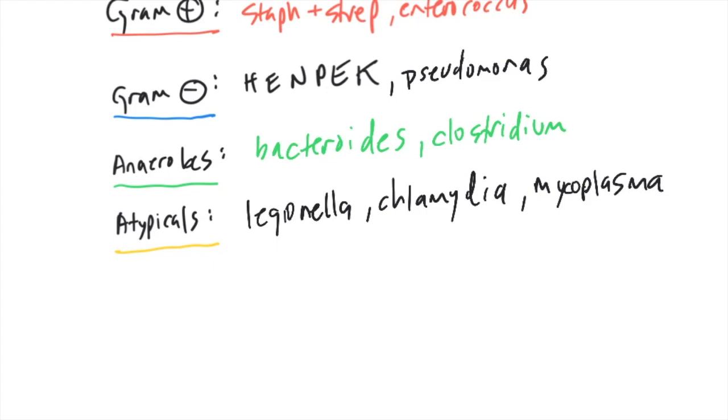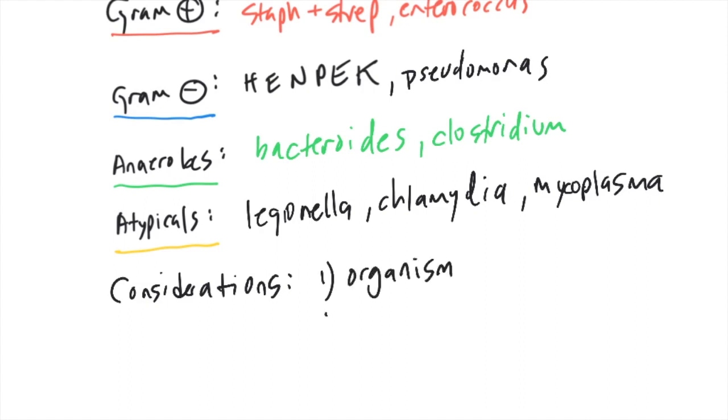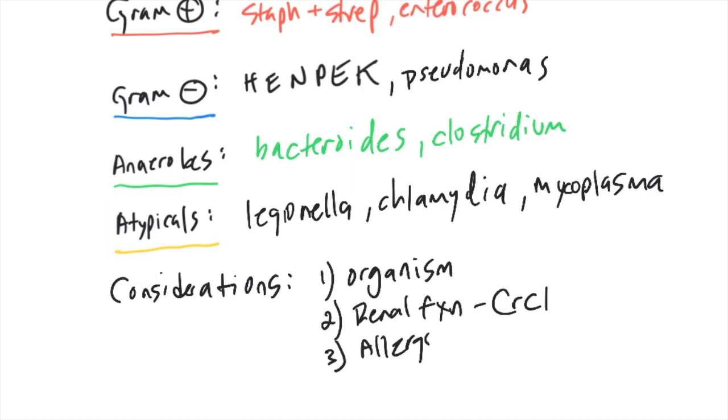Now, you do have to also take into consideration some other things before making a recommendation for an antimicrobial. We already talked about, number one, what organism are you trying to treat? Number two, what is their renal function? So you would need to calculate somebody's creatinine clearance because many times antibiotics need to be dose adjusted for poor renal function. Of course, you also want to know if they have any drug allergies.